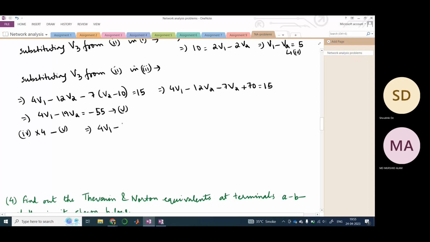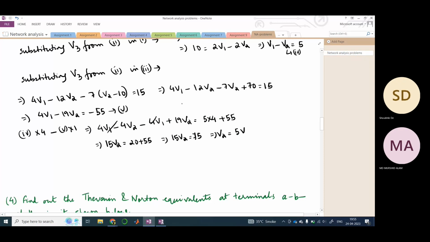So 4V1 minus 4V2 minus 4V1 plus, is equal to 19V2, and this would be 5 into 4, plus 55, because this is minus. So this thing will get cancelled. So this would be 15V2 is equal to 20 plus 55, which is 75, right? So therefore V2 would be 5 volts.